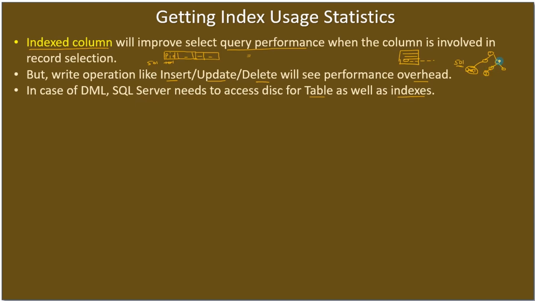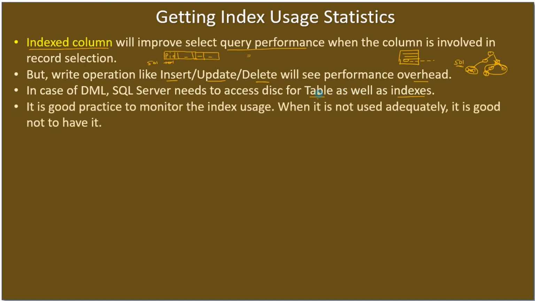The same goes for delete. If I delete this node, then all the index entries below this node should be recreated. So that's why selection is quicker, but write operations like insert, update, delete will see a performance overhead. In case of DML, SQL needs to access disk space at two levels, one for the table and one for the indexes.